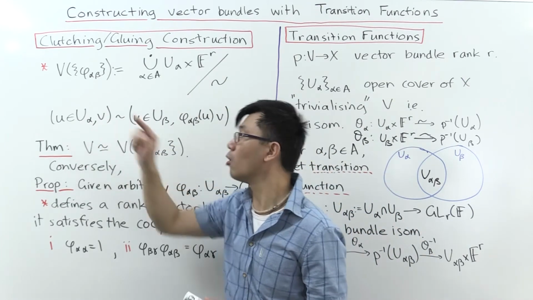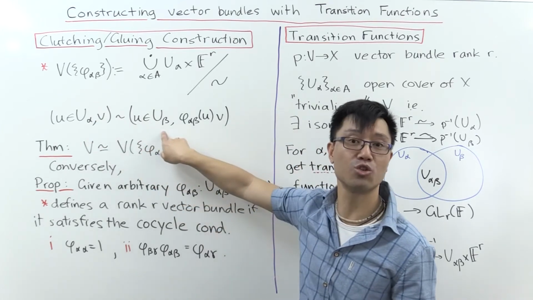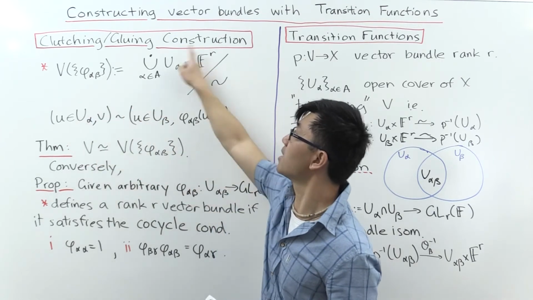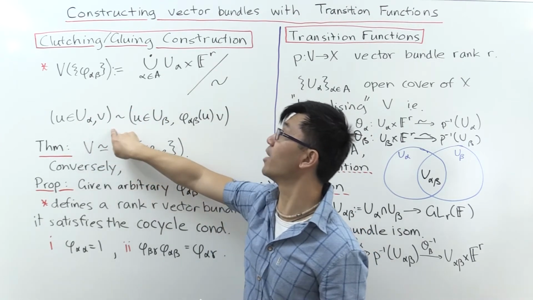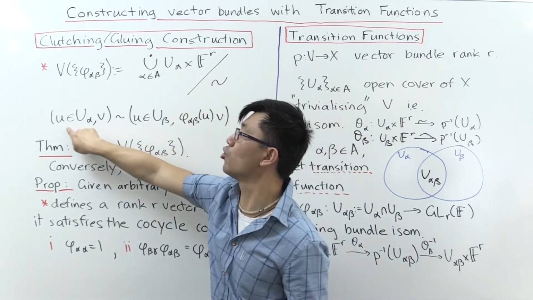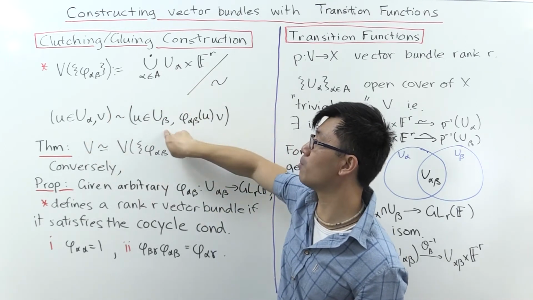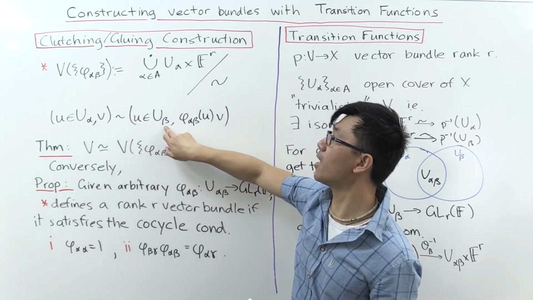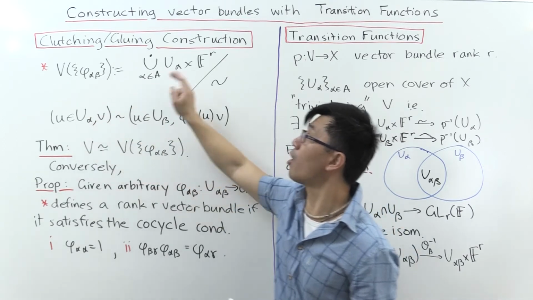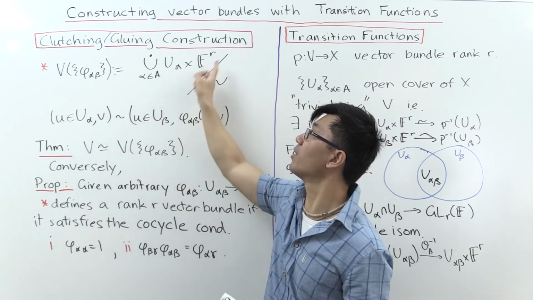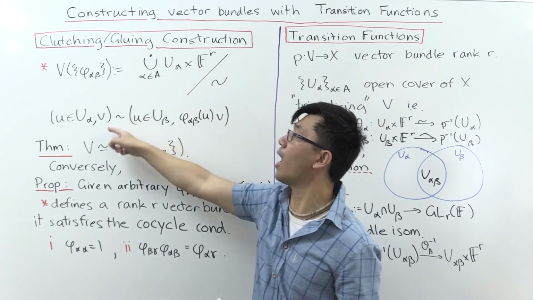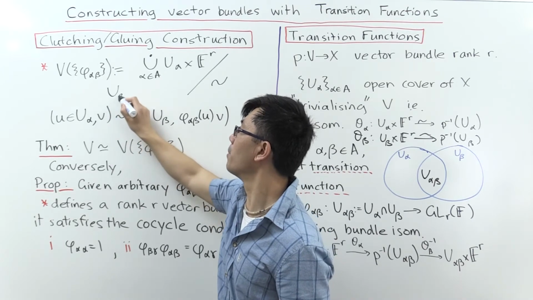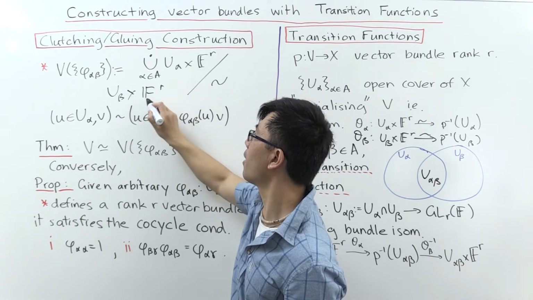So suppose you have a u which is both in U alpha and inside U beta. You can consider one of the points inside here, for example, (u, v). So v will be inside F^r, u will be inside U alpha and also inside U beta. Now you can think of this u inside U alpha or inside U beta. So this element of this set here has to be glued to an element inside U beta cross F to the r.